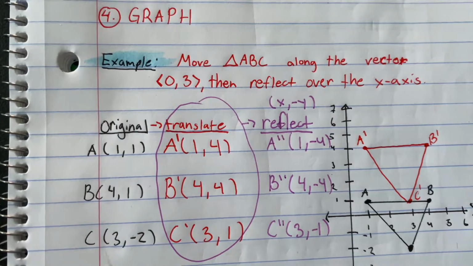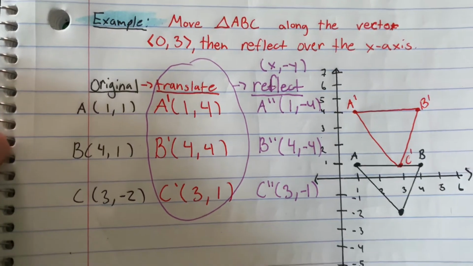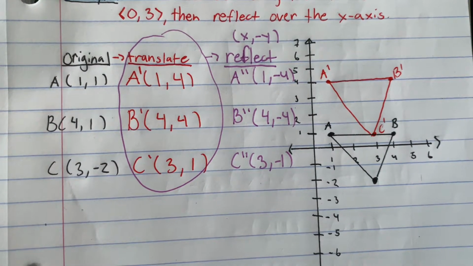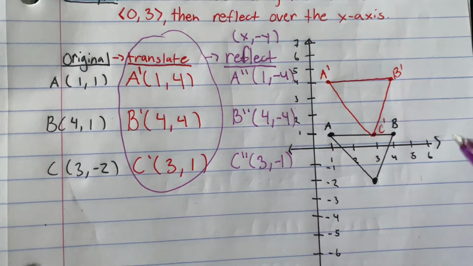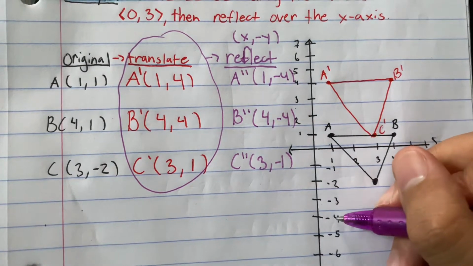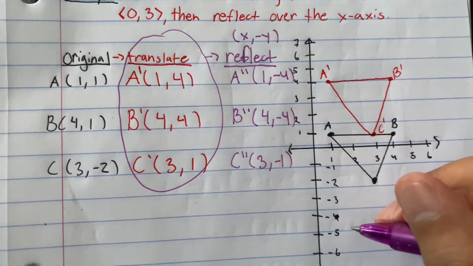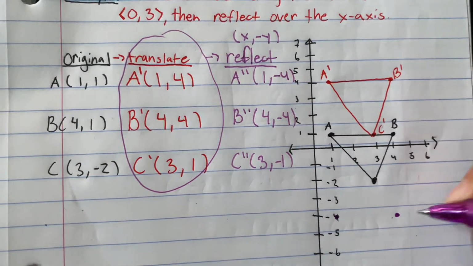Now that I plotted my A prime, B prime, C prime, now I gotta plot my reflection, the last part of the transformation, which is where the triangle will be now. So my A is still at 1, but is at -4. My B is at 4 and -4.